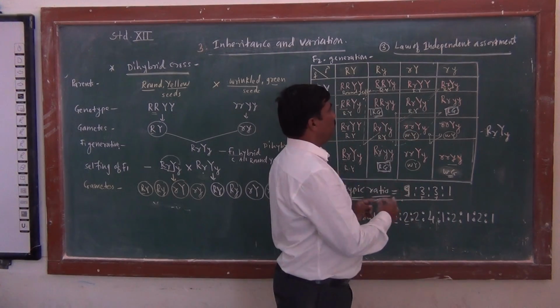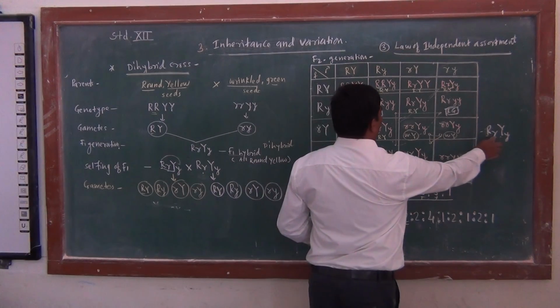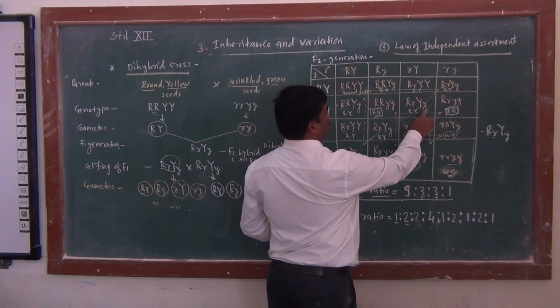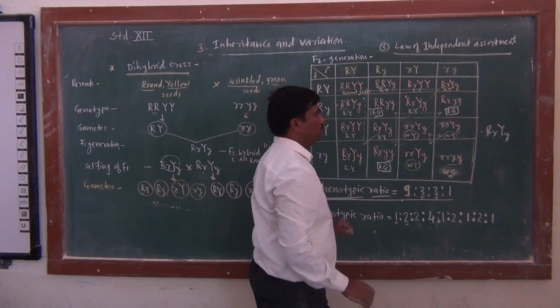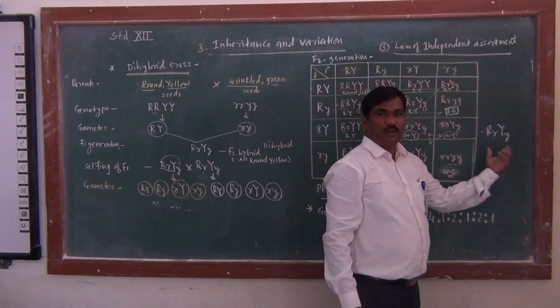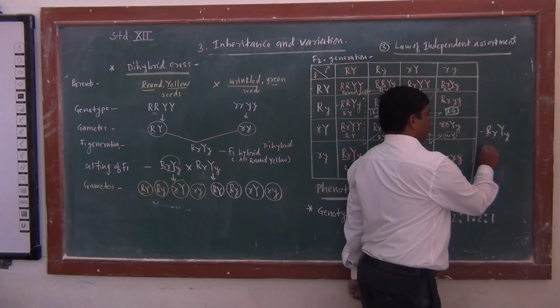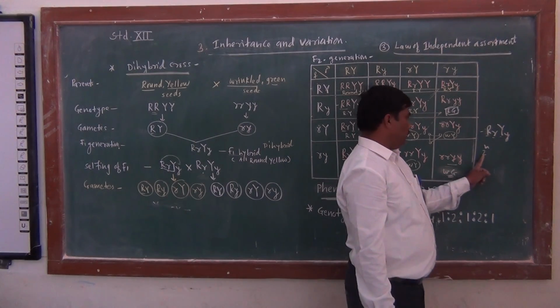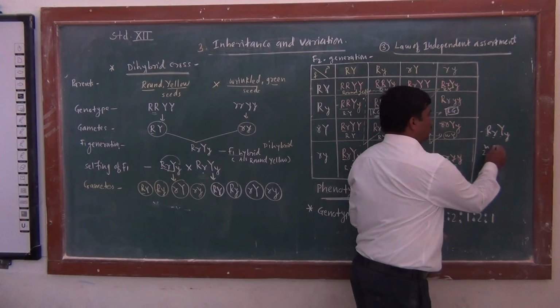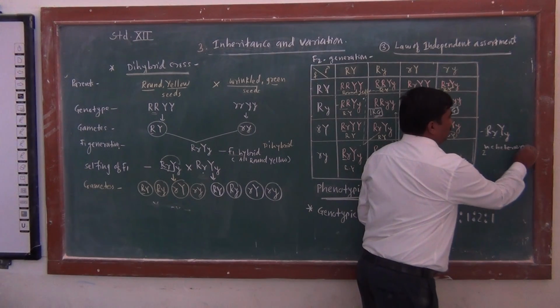Then how to remember this? See here, capital R small r, capital Y small y. How many individuals are formed? So I give a trick here. You write 2 raised to n, where n is the number of heterozygous conditions.